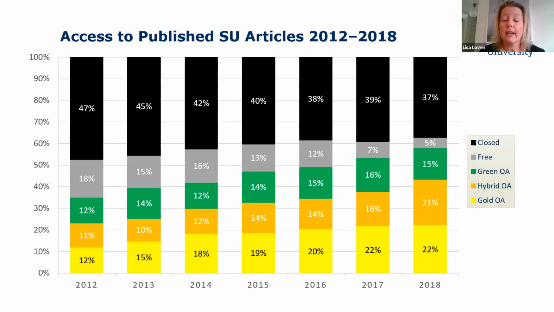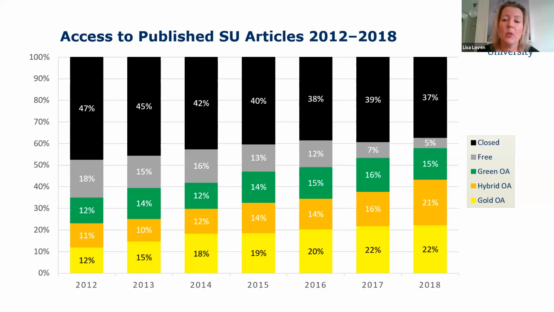And there's a clear trend that open access is increasing, as you can see in my chart here. Back in 2012, 23% of all articles were published immediately as open access, either in fully open access journals or in hybrid journals. You see the yellow part of the column here is the articles in full open access journals, and the orange part is the articles in hybrid journals.